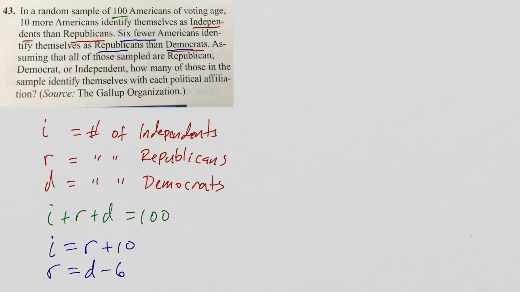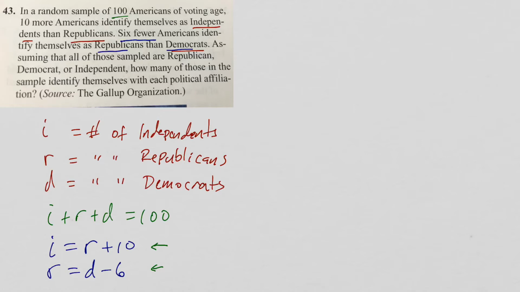Okay. So this one here is missing a D. This one here is missing an I. And that one's got all three of them. Okay, so why don't I eliminate one of the variables?